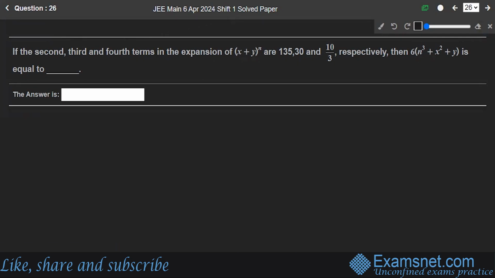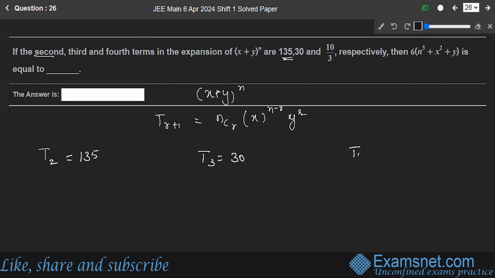See, you are having the expansion of (x + y)^n, and the general term T(r+1) is given by nCr x^(n-r) y^r, right? So you are given that the second term is 135, third term 30, and fourth term is 10/3.